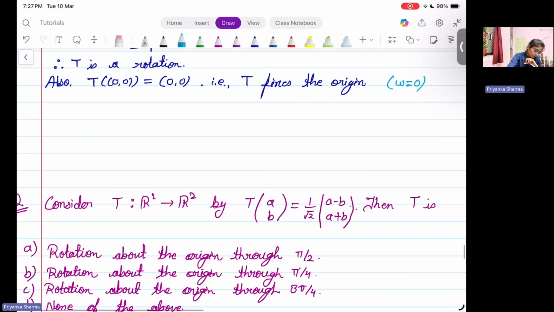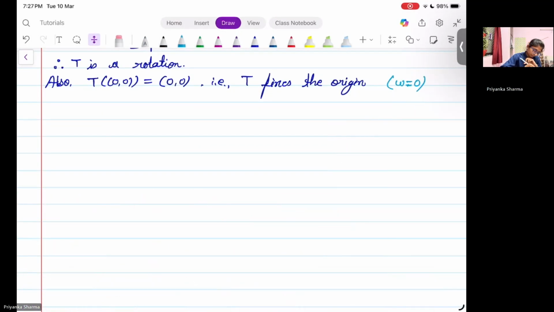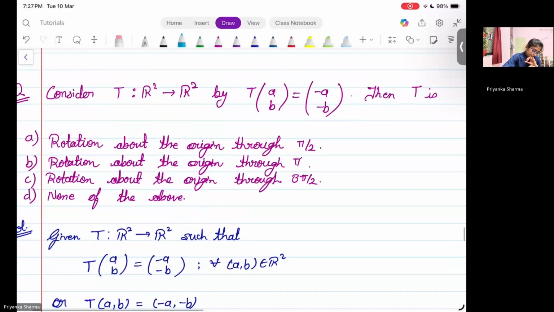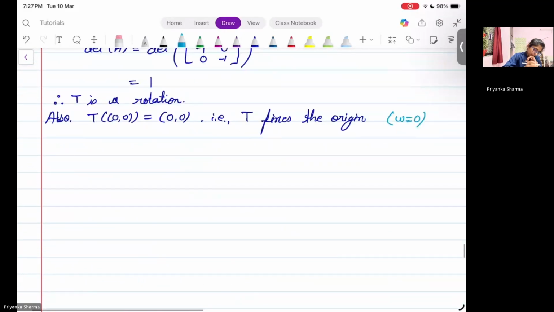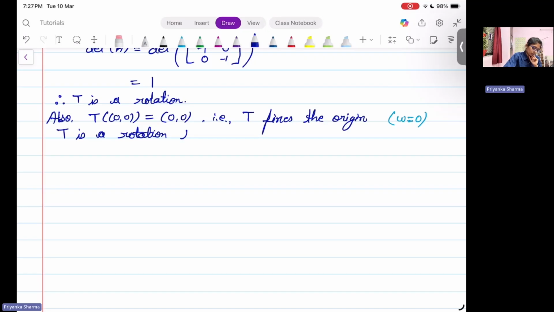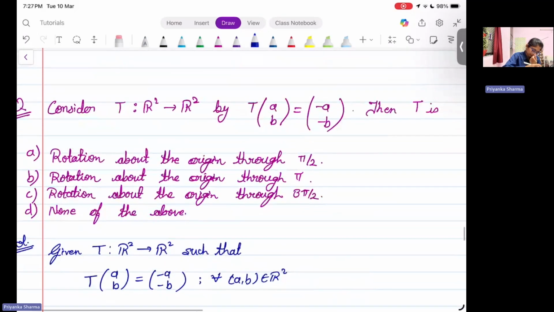Okay, so T is a rotation. These are the options, whether this is a rotation about the origin or about any other point.